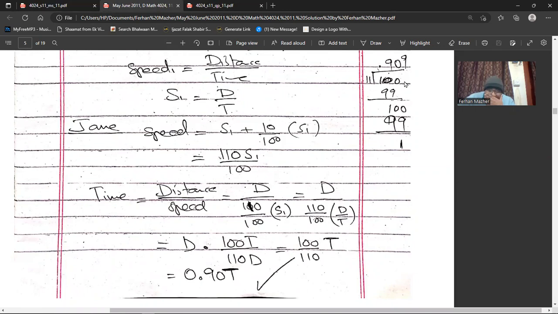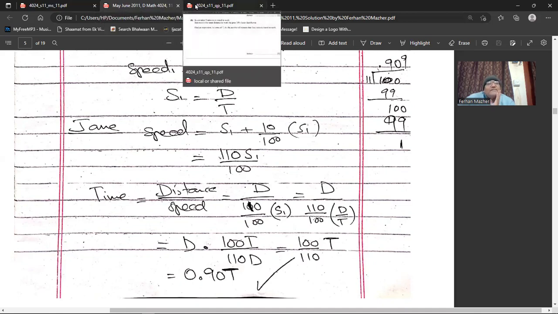Here you can see, I have divided the 100 with the 110, you get 0.90, and the t is with it. 0.90.